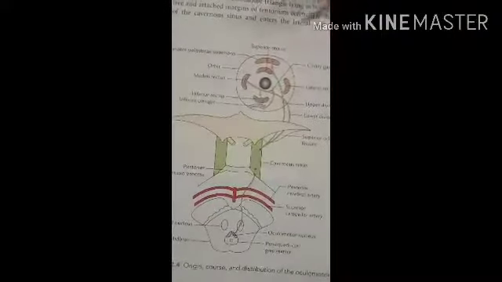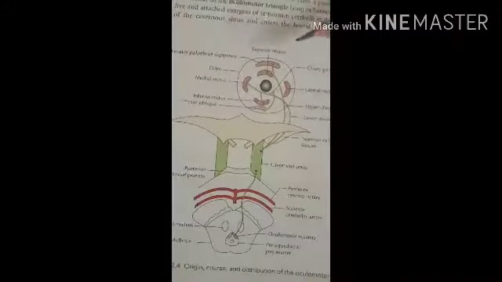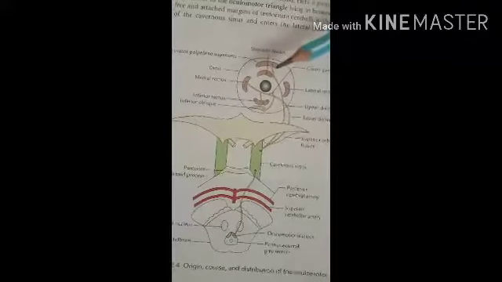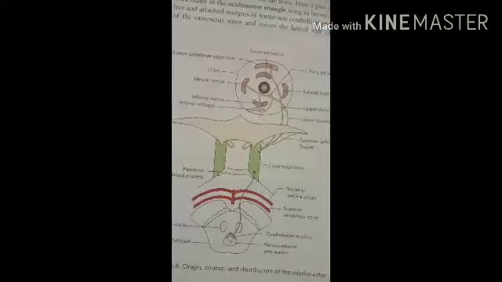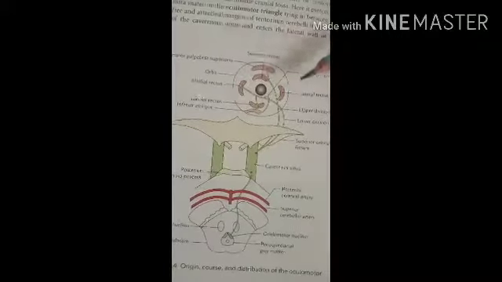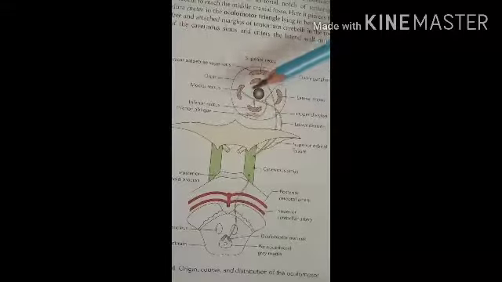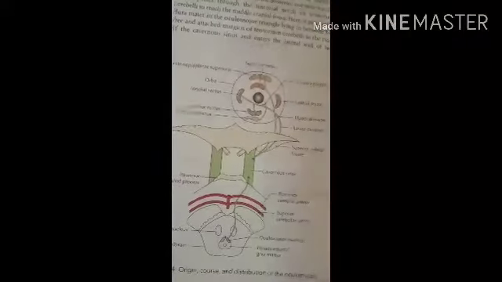Then the third one, the dilated and fixed pupil due to paralysis of the sphincter pupillae and consequent unopposed action of the dilator pupillae. Then the next is the loss of accommodation due to paralysis of the medial rectus, sphincter pupillae and the ciliaris muscle.